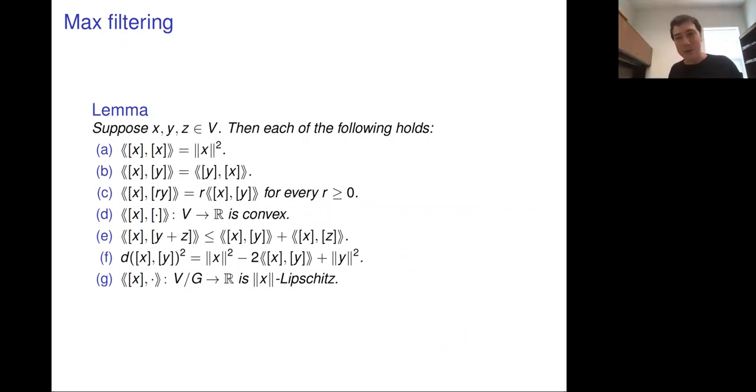And then we get to prove one of these things that you see in chapter 1.1 of every undergraduate math textbook. I'm not going to go line by line through this, but it's just saying that max filtering is a pretty well-behaved mathematical object. I want to specifically point out property C here, which says that you can pull positive scalars out of this map. That means this is a homogeneous mapping. So even though it's not a linear mapping, it still has this homogeneity property.